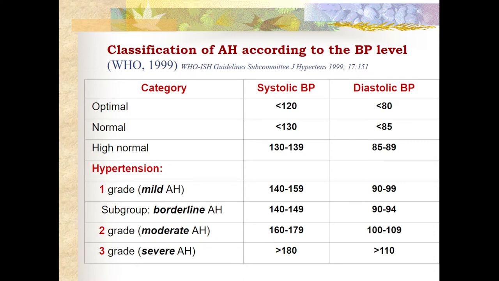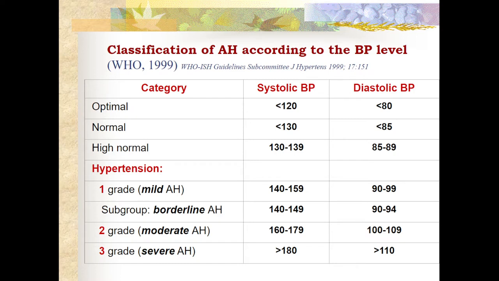Arterial hypertension consists of three grades or 3 degrees. First grade or first degree is established when systolic blood pressure is 140 to 159 mm of mercury and or diastolic blood pressure is 90 to 99 mm of mercury.